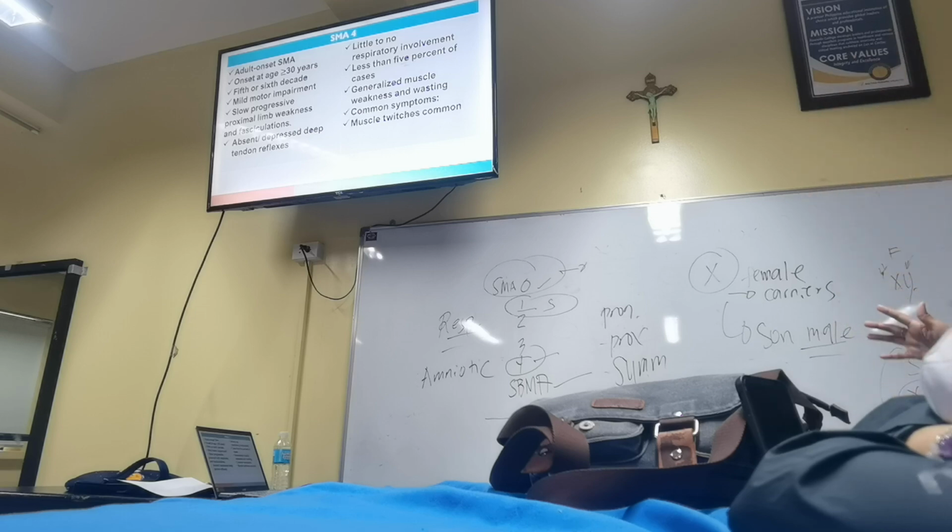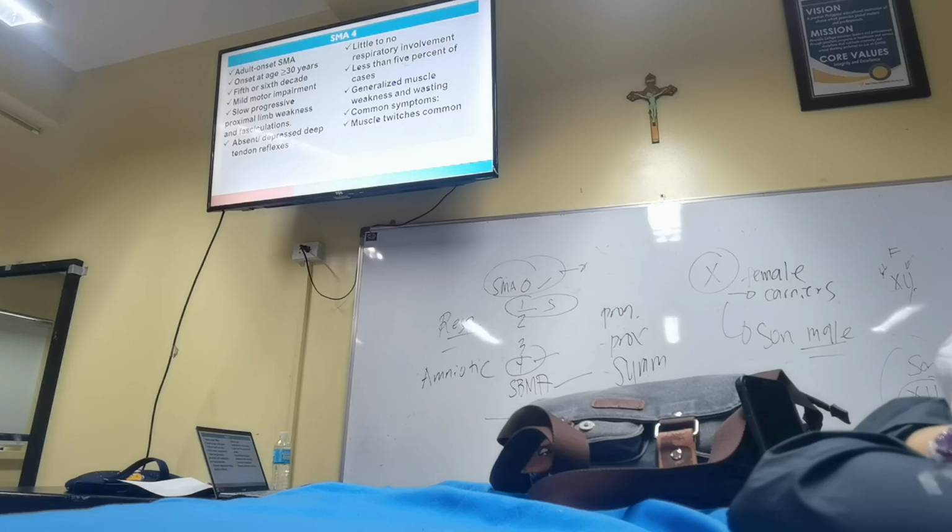It happens at the 5th or 6th decade of the patient's age, and it has a milder form of impairment. Normally, you would not think of SMA in diagnosis. In the differential diagnosis, many tests are needed to confirm if it's really an SMA.